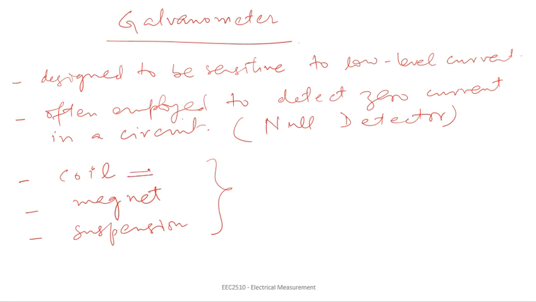This coil, which is also called a moving coil, is a coil of fine wire suspended in a magnetic field produced by these permanent magnets. The permanent magnet will produce the magnetic field, and the coil will be suspended in the magnetic field produced by these permanent magnets.